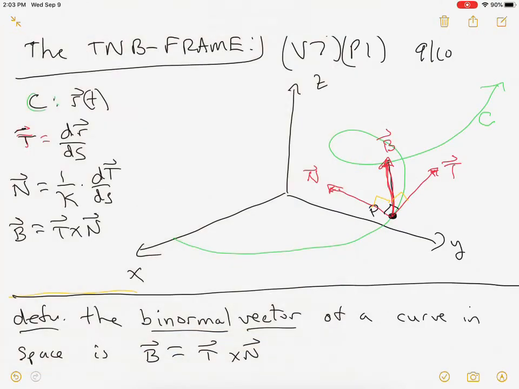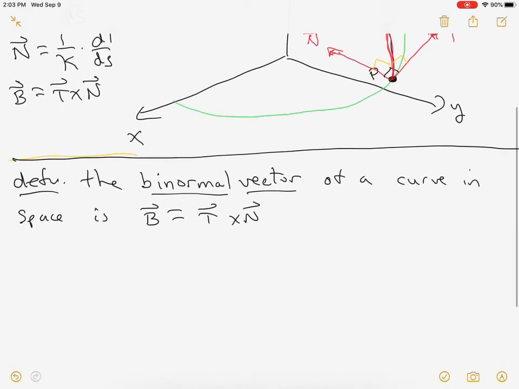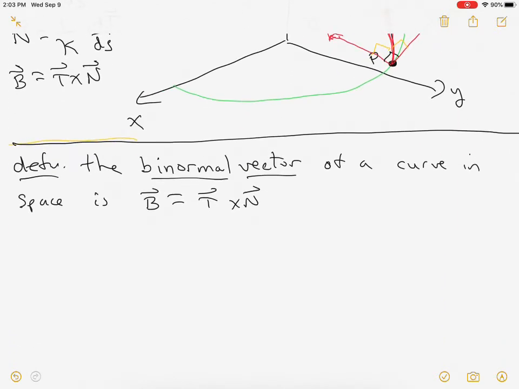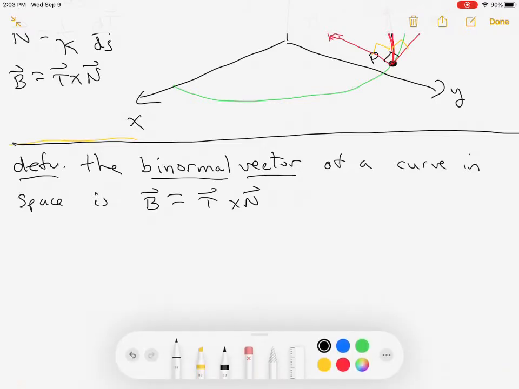The binormal vector of a curve in space is defined to be the cross product of T and N, which is a unit vector orthogonal to both T and N. Okay?